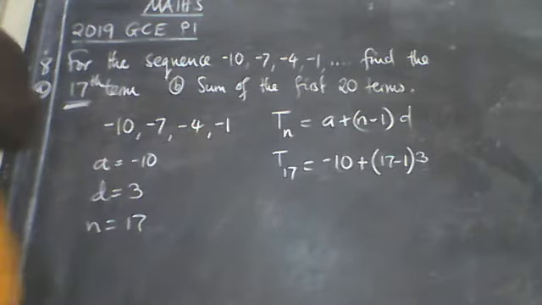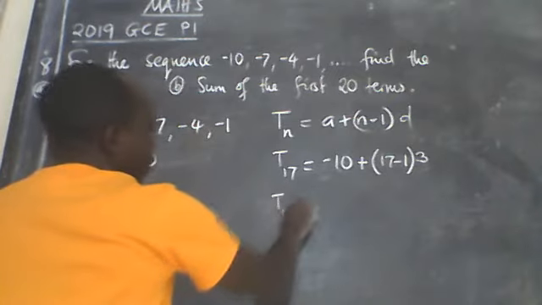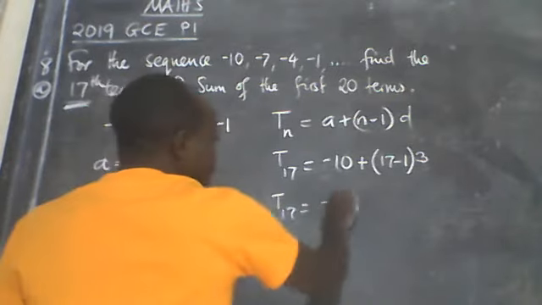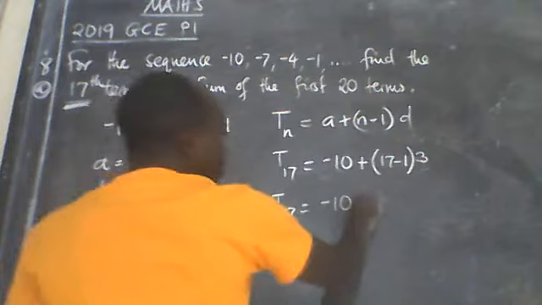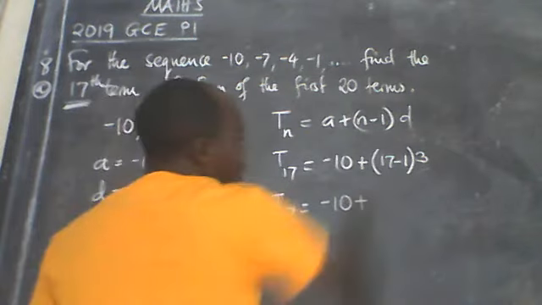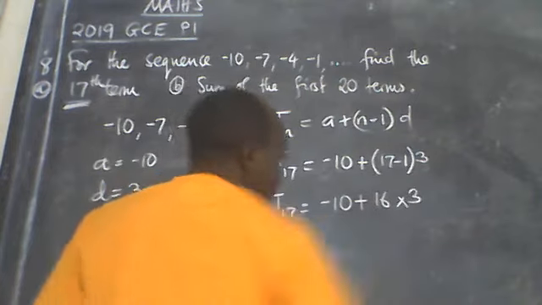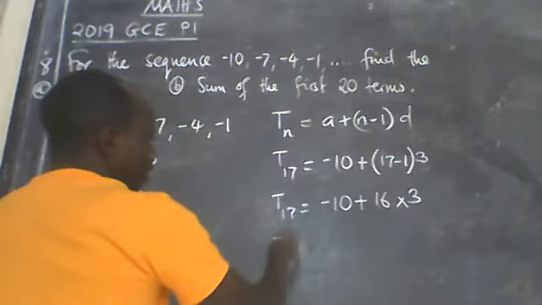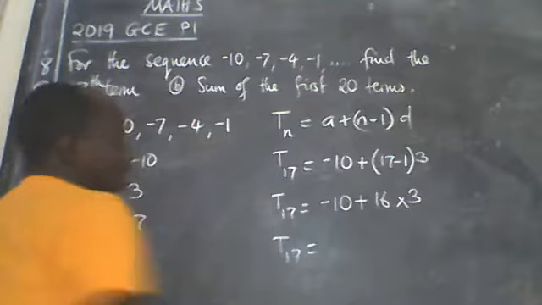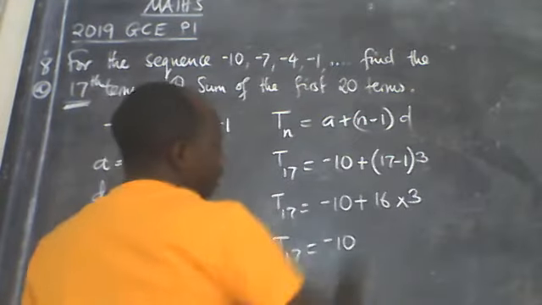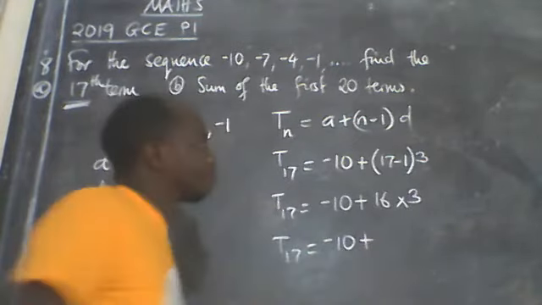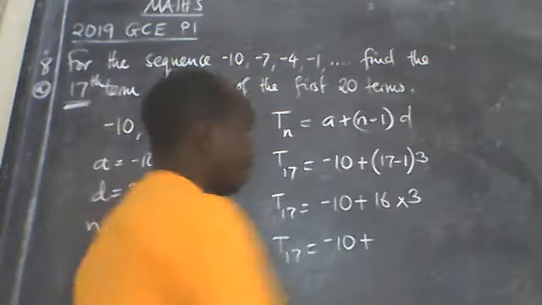Then term number 17 will be equal to negative 10, plus 17 take away 1, that will be 16, multiplied by 3. See that? Then term number 17 will be equal to negative 10 plus 16 times 3. Be accurate there.